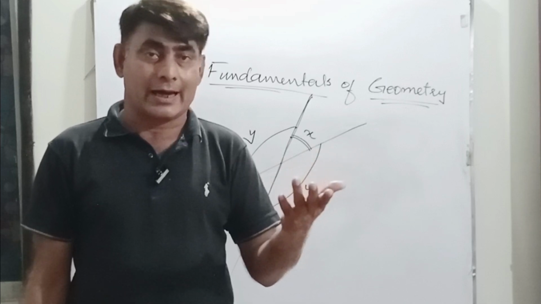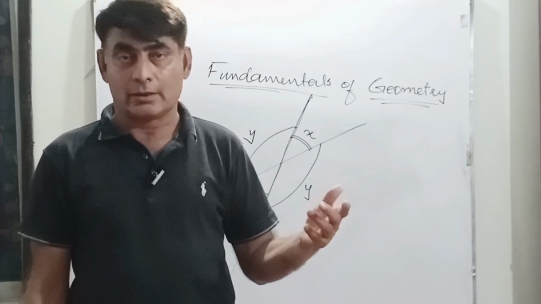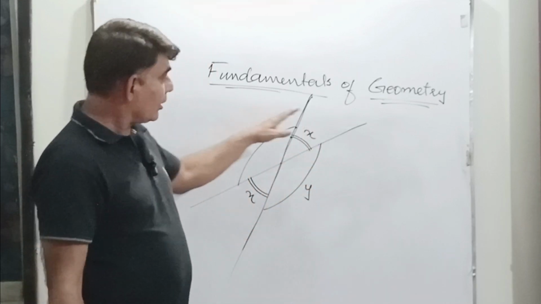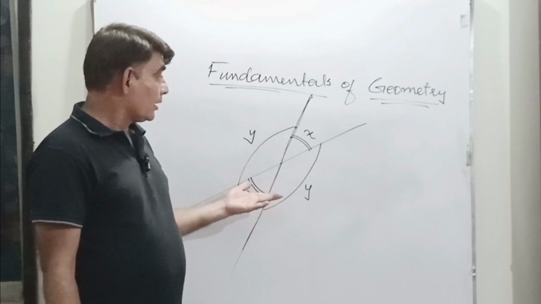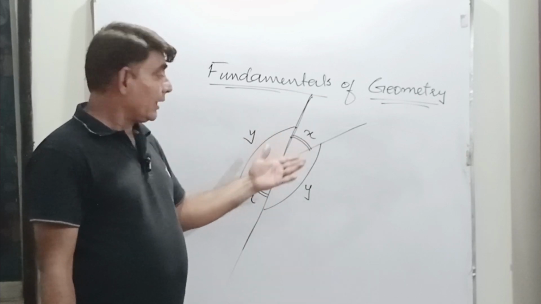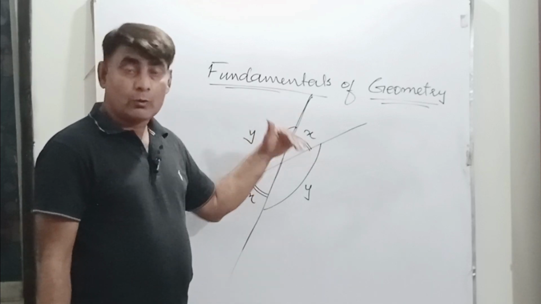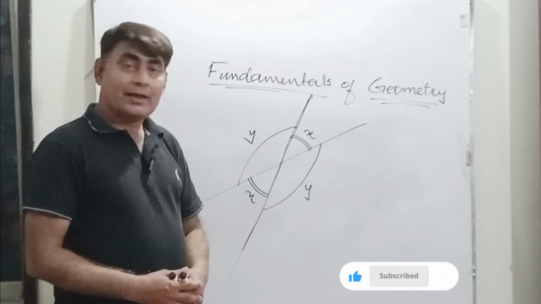Other quadrilaterals: trapezium, kite. We will discuss such terms, but right now I think it is enough. There are so many things to learn, and inshallah I will provide you some questions to solve after watching such a video. Okay, Allah Hafiz.